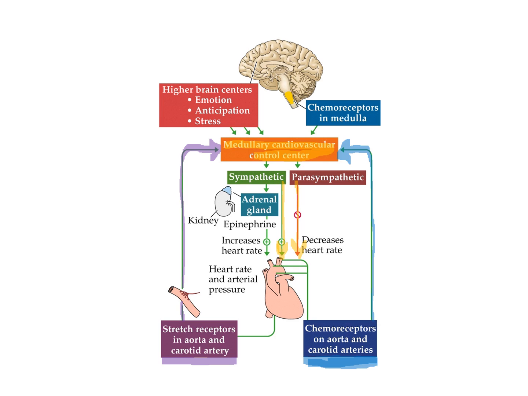And it can do that by sending sympathetic signals directly to the heart, or in addition, it can send signals to the adrenal glands, and the adrenal glands will secrete epinephrine into the bloodstream, and that will go to the heart and have a similar effect in speeding up the heart. So you always have this system of sensory monitoring, processing in the medulla, and then appropriate output to the heart.